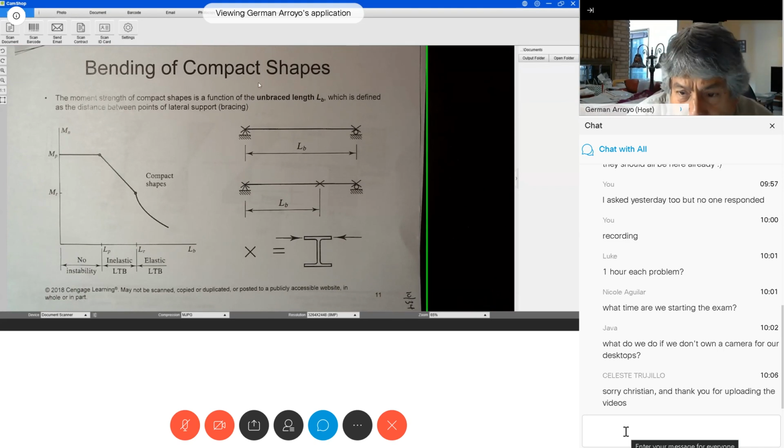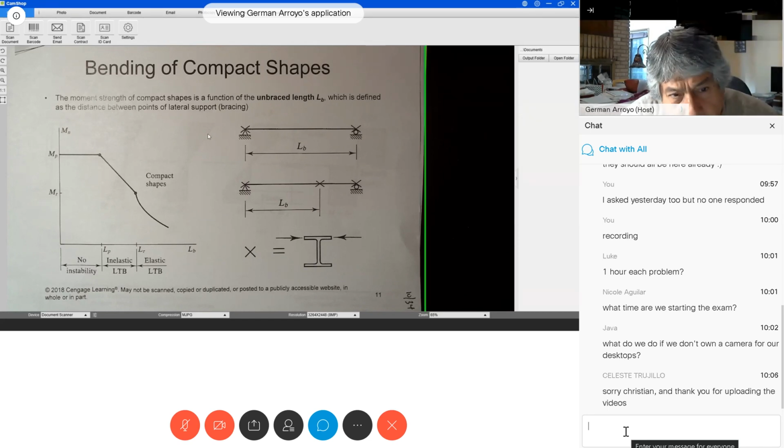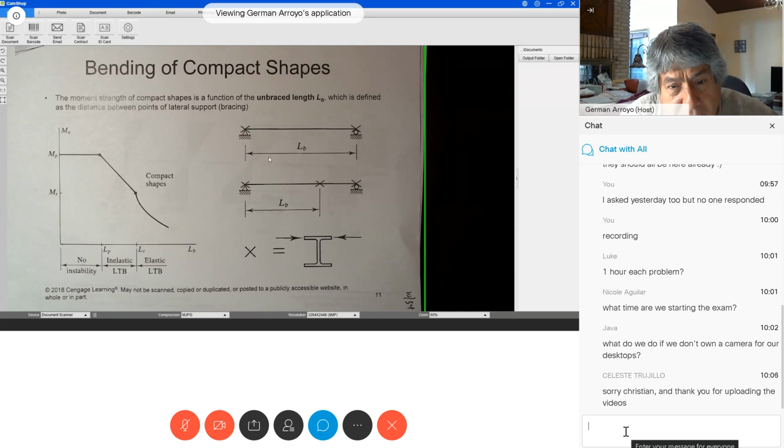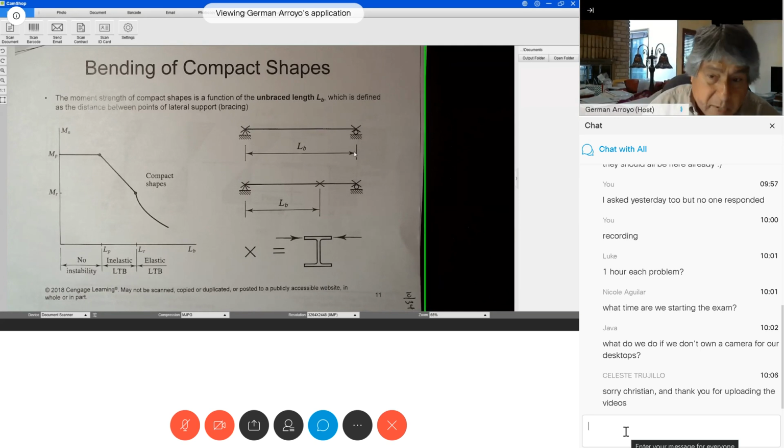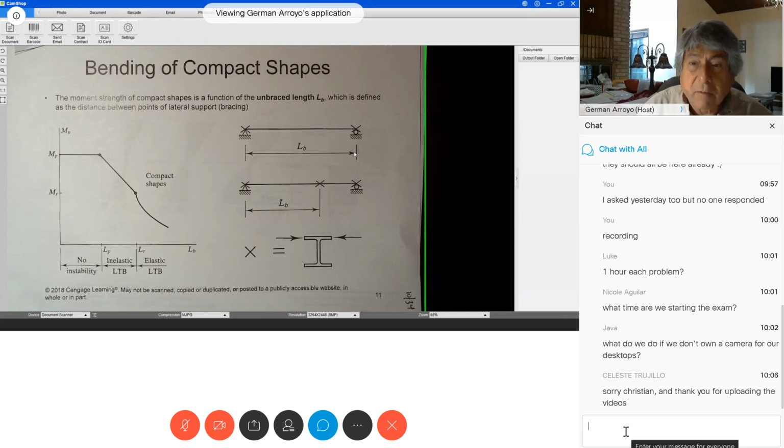So sometimes whenever you do a design, you're going to assume that the section is compact, and later we're going to check. This is a typical beam. They put the X to indicate bracing, only brace at the end. So this is the unbraced length. L sub B for beams is going to be called the unbraced length.